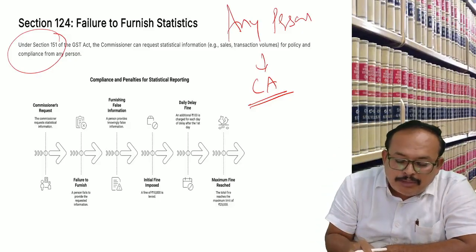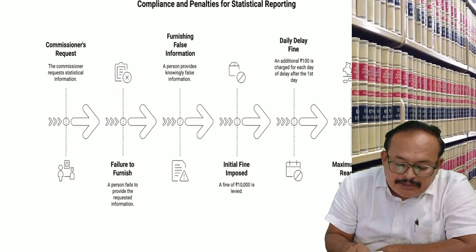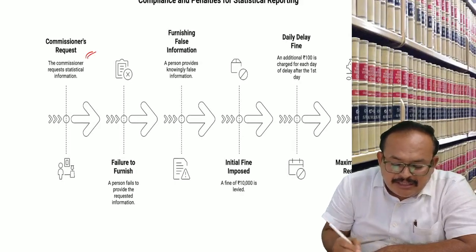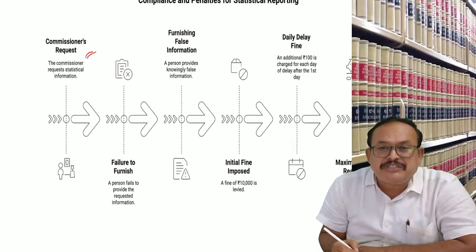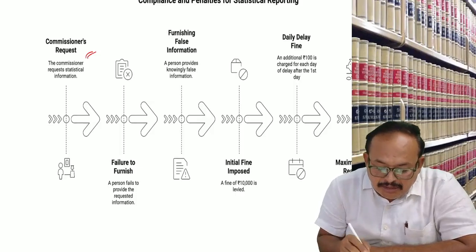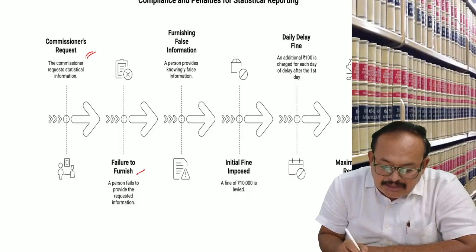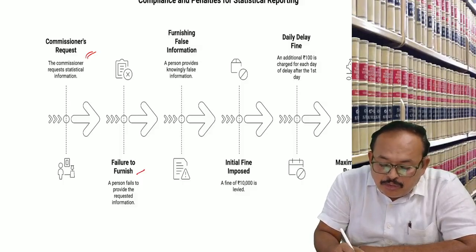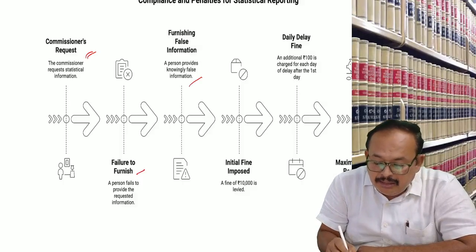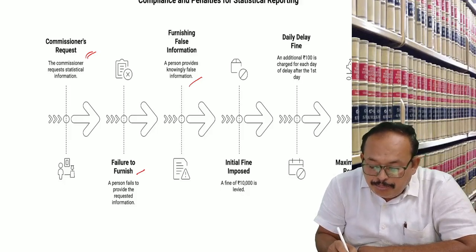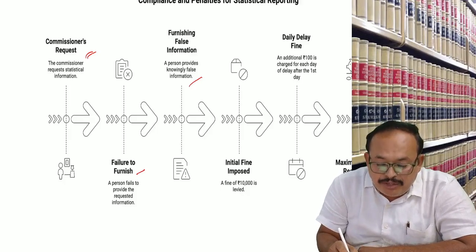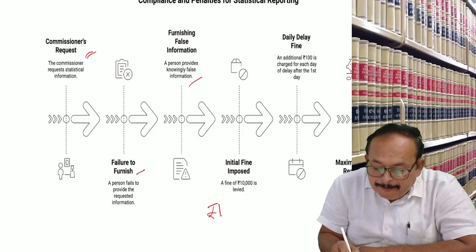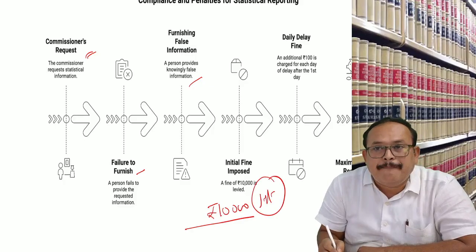Now the modus operandi. First, the commissioner or any officer authorized by the commissioner requests statistical information. Failure to furnish takes place, or a person provides knowingly false information. Then initiation of penalty under 124: a fine of rupees how much? 10,000 for the first day of delay.